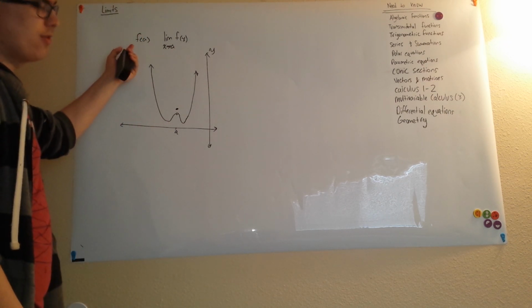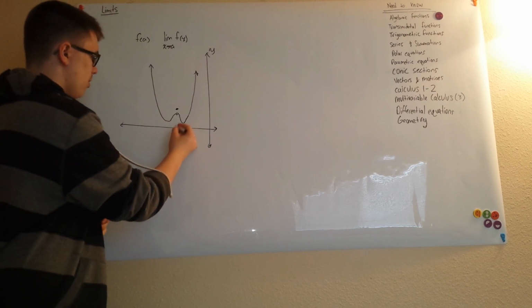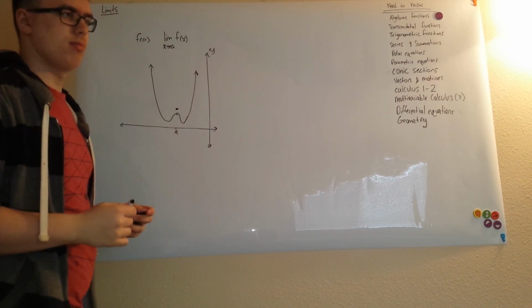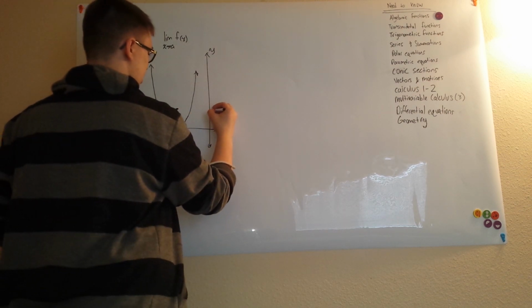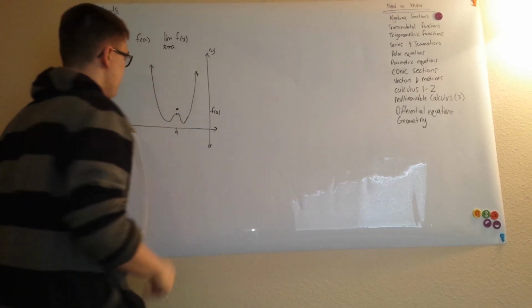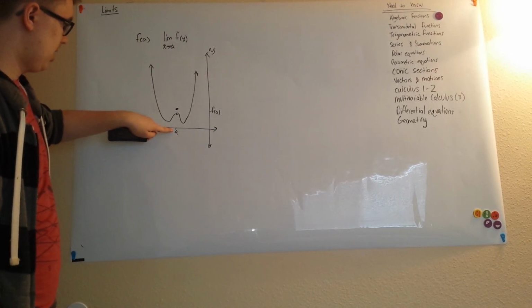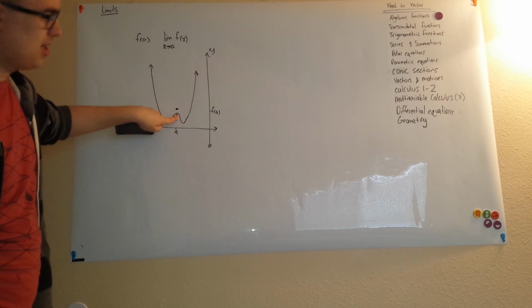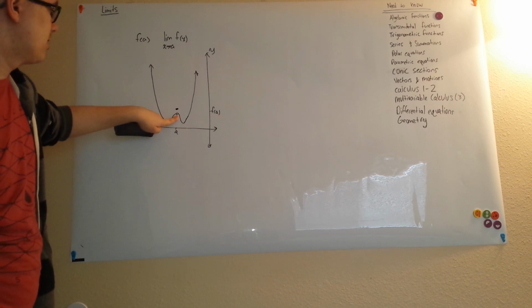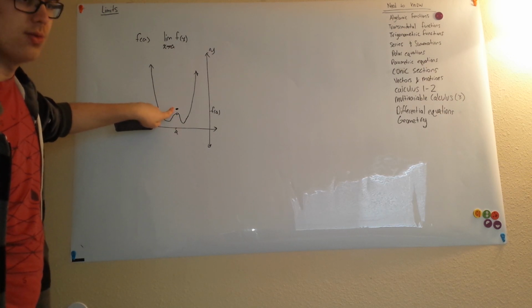If I look at f of a, well, that's the point. That is f of a right here. When my thing is a, I'm not saying the hole is f of a. That's undefined. That's not there. That's where f of a is.